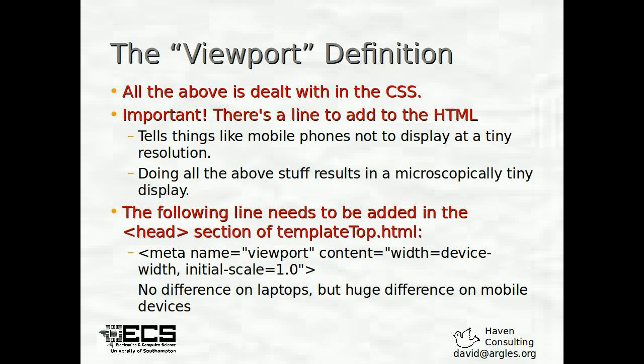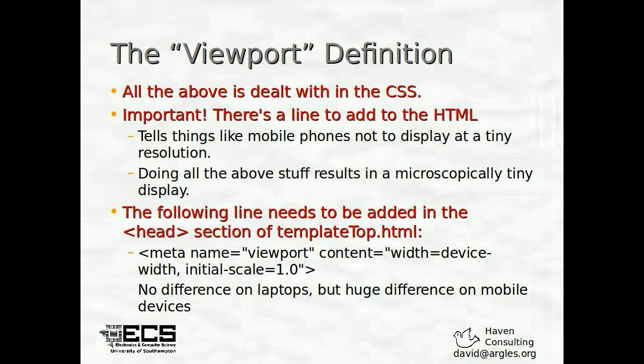And this is a meta statement: meta name equals viewport with content equal to width equals device width and initial scale equal to 1.0. It's basically saying that the device should work on the device width with a scale of 1:1 in effect.